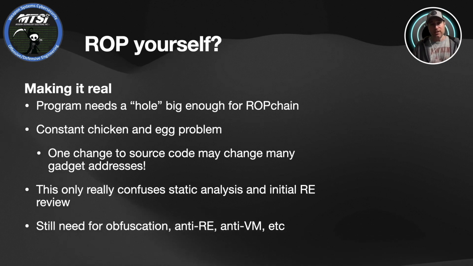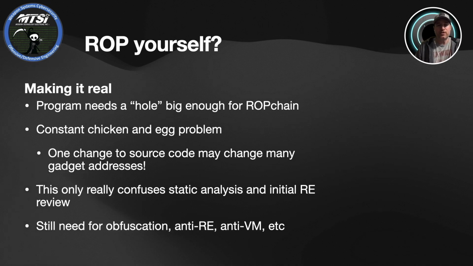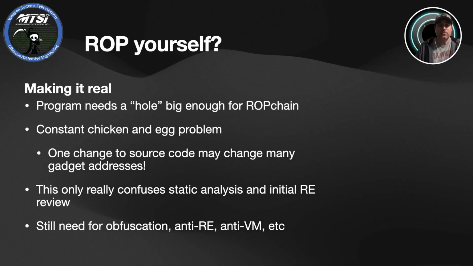So I want to be clear here. This is not a single shot of ROP yourself and it does everything and you can get past everything. It just addresses that initial static aspect, and it has some very, very powerful effects in that regard, but it shouldn't be used by itself. We'll talk more about that here in a second.